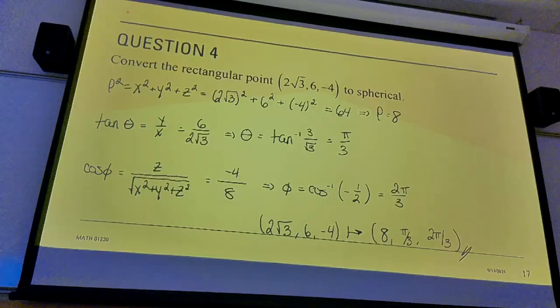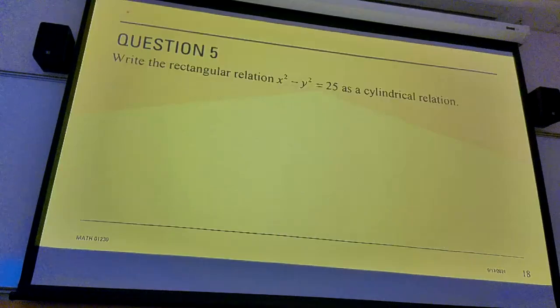So really what we're interested in is describing a set of points in these different coordinate systems. Whenever you hear set of points, you think immediately relations. The relation x squared minus y squared equals 25 does describe a set of points, specifically the set of points x, y where x squared minus y squared is 25.